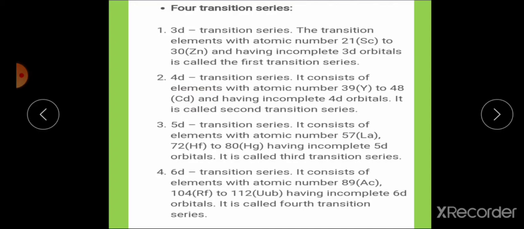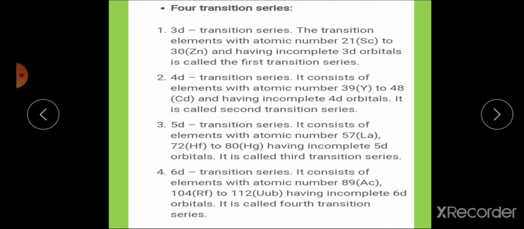Third is the 5d transition series. It consists of elements with atomic number 57, lanthanum, to atomic number 80, mercury. Their 5d orbitals are incomplete, that's why they are called the 5d transition series.